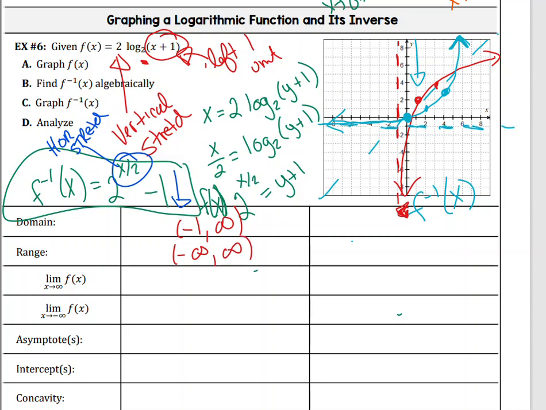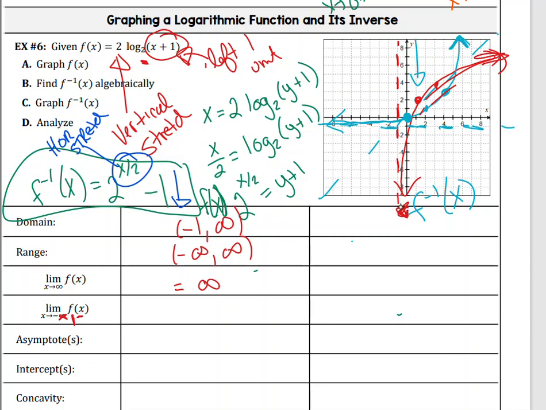The limit as x approaches infinity, so as the red line approaches infinity, look what's happening. It's going upward. It is going to approach infinity. As x approaches, and actually this should be -1 right here. That's a typo. -1 from the left-hand side.